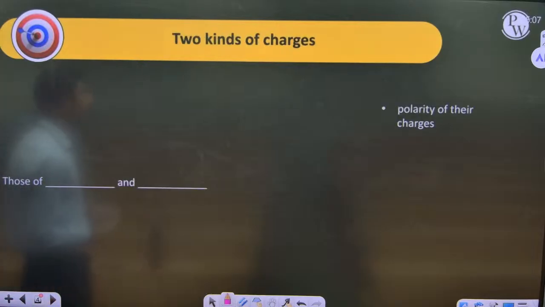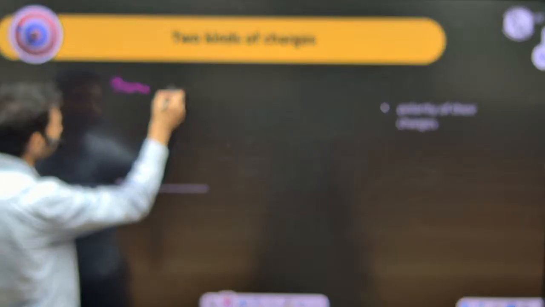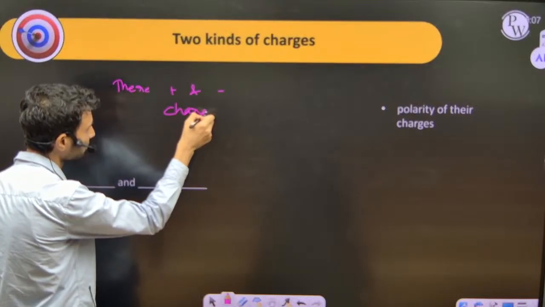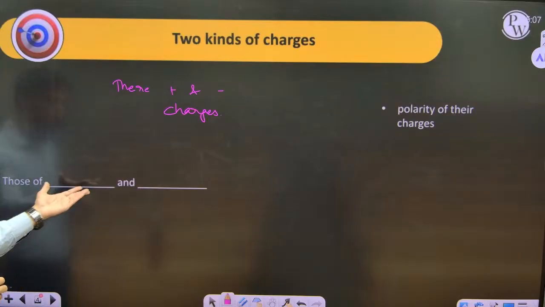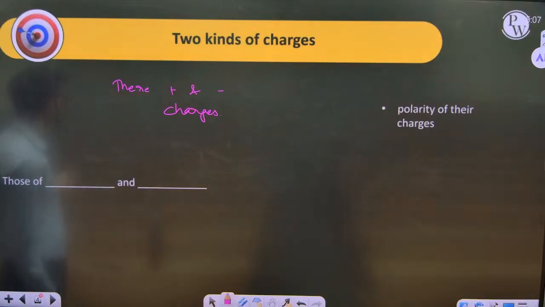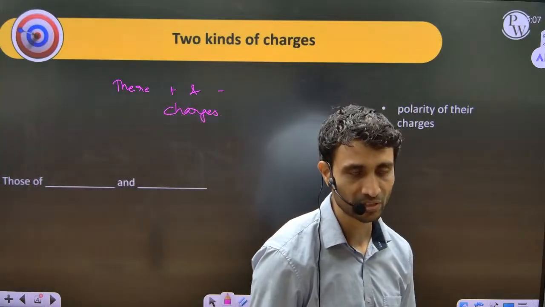Then we talk about two types of charges. What are the two types of charges? Of course, there are positive and negative charges. From where do the positive and negative charges come? What are the fundamental charges that we have under classical physics?